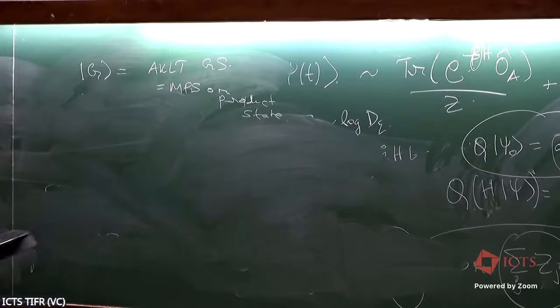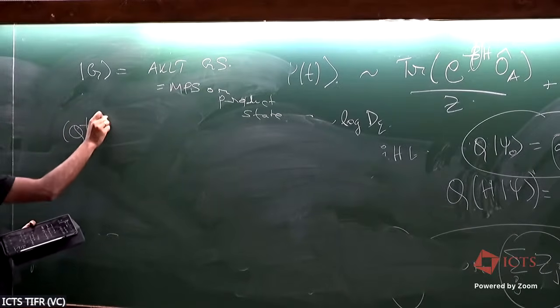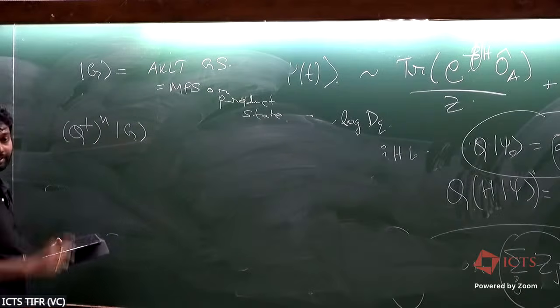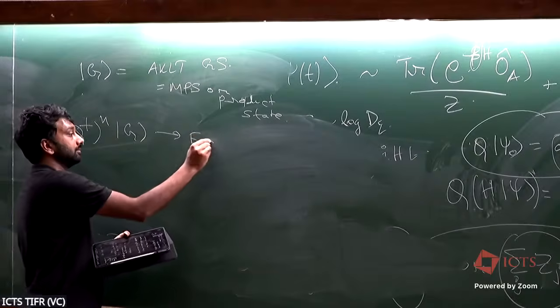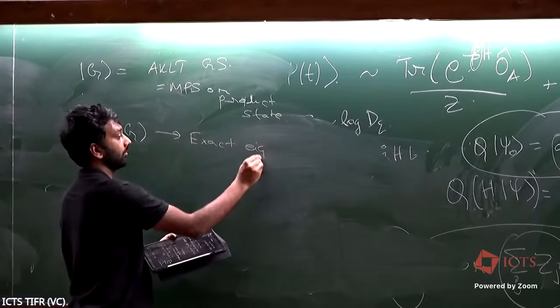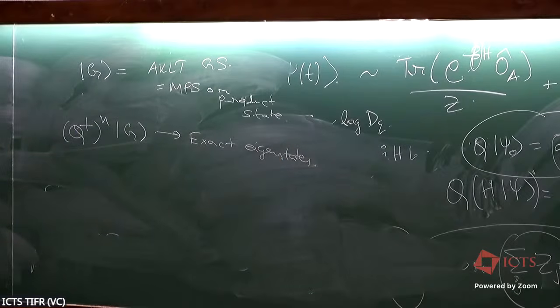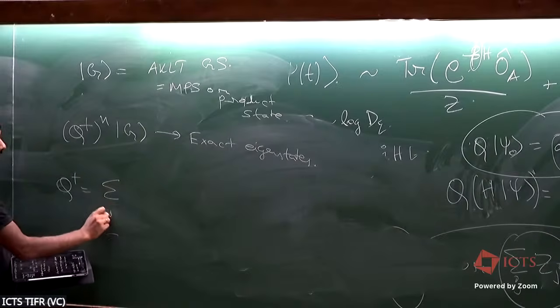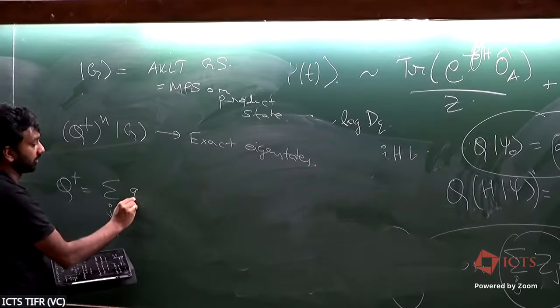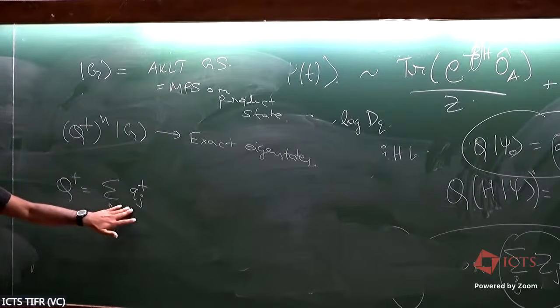And then a series of states which look like some raising operator acting on the ground state turned out to be exact eigenstates. And this raising operator had a local form. So this was just some sum of local operators. Q_j is some local operator acting only on site j.